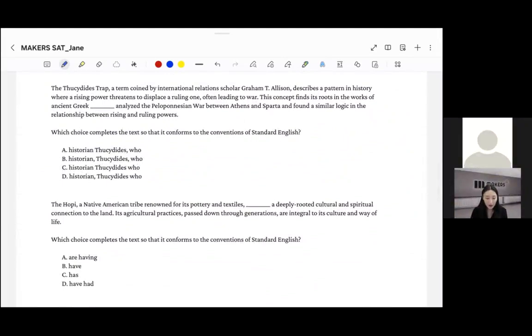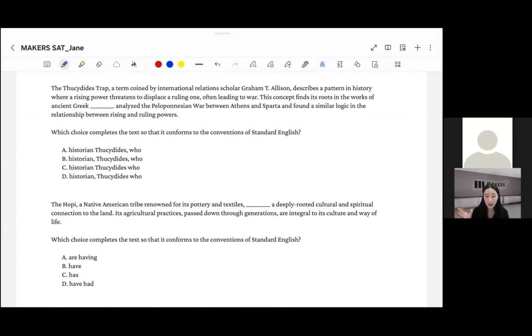Here, for all of the grammar questions, we have to identify what set of grammar rules we have to address. So for this one: this concept finds its root in the works of ancient Greek historian Thucydides, who analyzed the Peloponnesian War between Athens and Sparta and found a similar logic and relationship between rising and ruling powers.